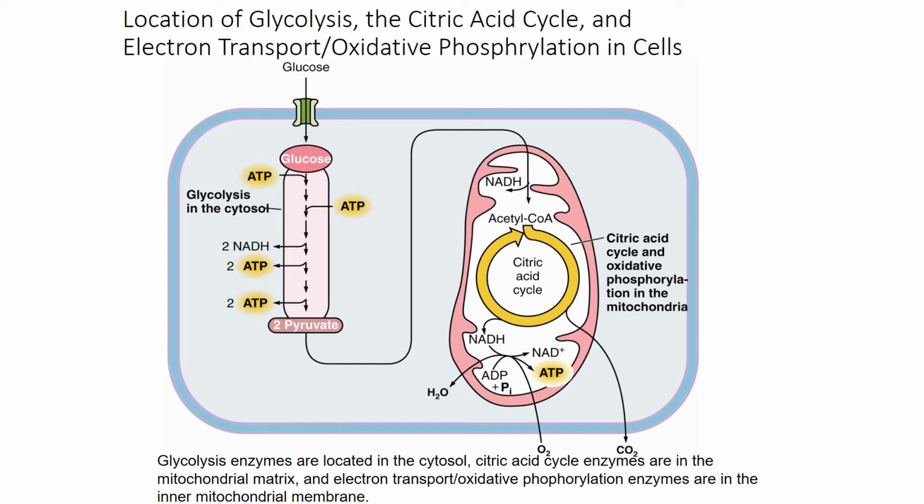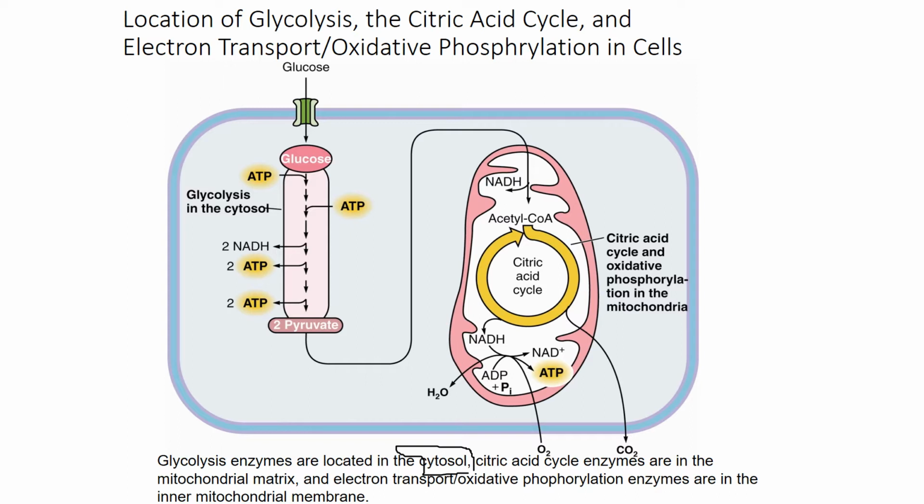So the locations of these processes are compartmentalized. They do not occur in the same location in the cell. For example, glycolysis enzymes, and again, remember, they are not directly linked to one another, are located in the cytosol. In the cytosol, glucose is going to be broken down into 2 pyruvate.